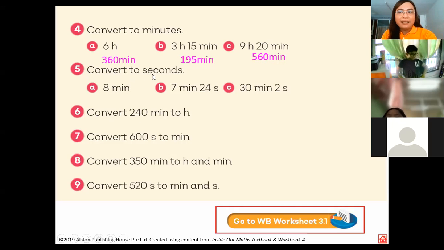Okay, number 5. Convert to seconds. So letter A, 8 minutes. You just have to multiply by 60. 8 multiplied by 60. What's the answer?